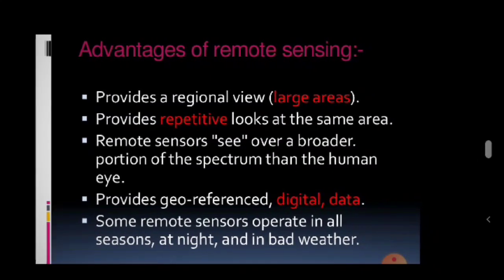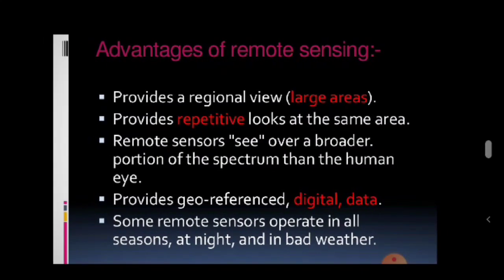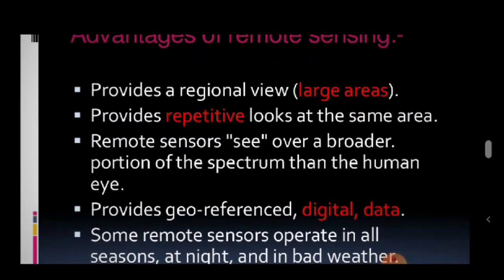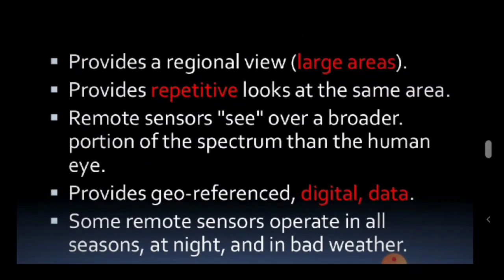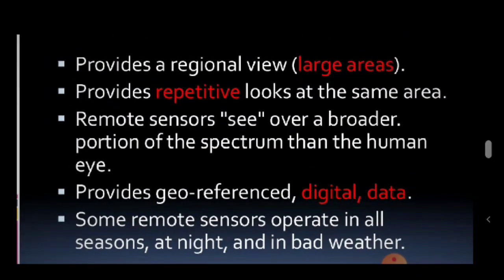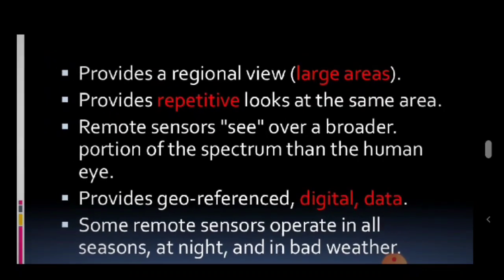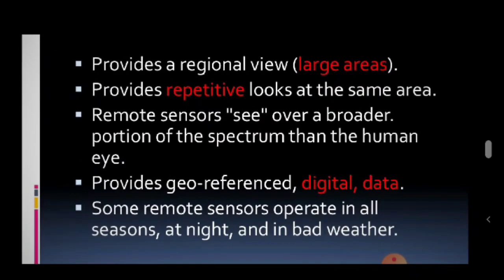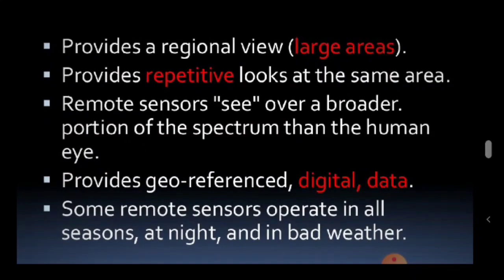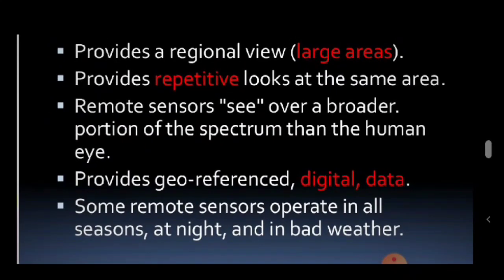So I decided to talk about why we need to study remote sensing. Actually, you may wonder. Here are some key advantages of remote sensing. Remote sensing is usually used in many areas, like land use mapping.